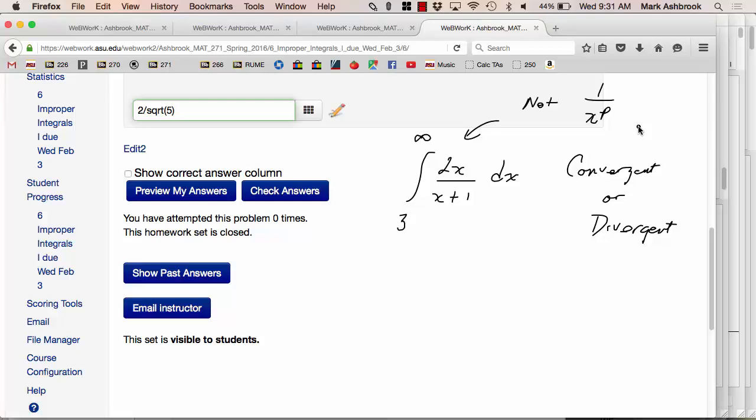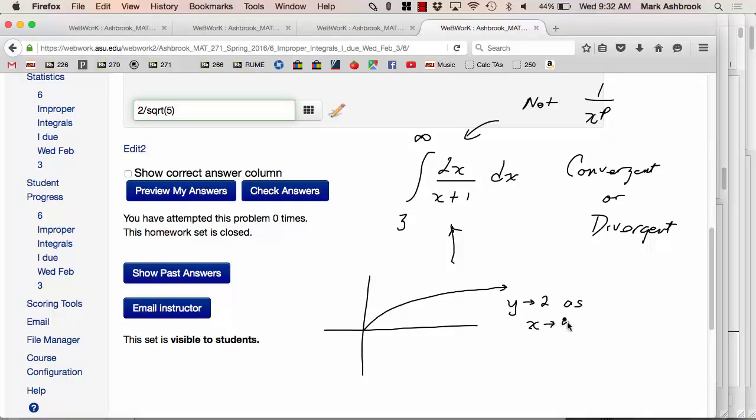Let me sketch this graph. If you remember, if you were to sketch this graph right here, it would look like this. And y approaches 2 as x approaches infinity.